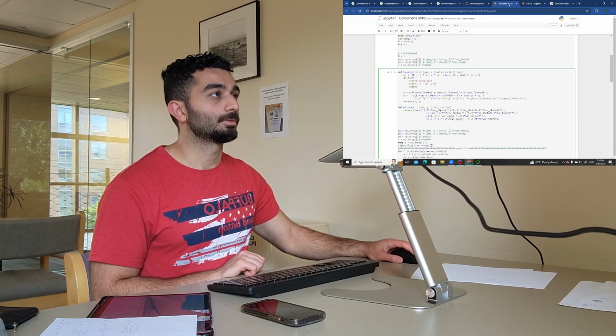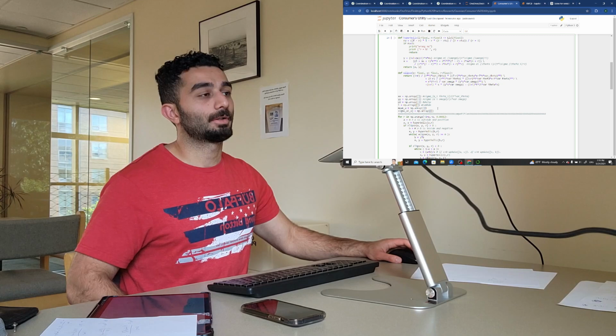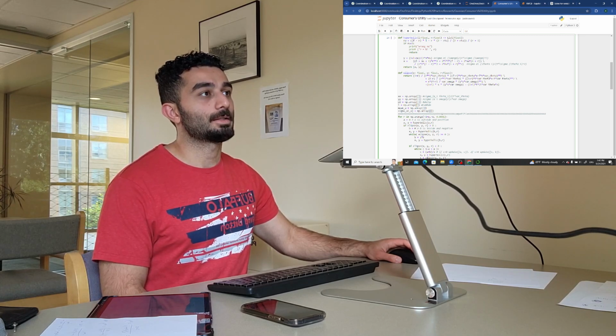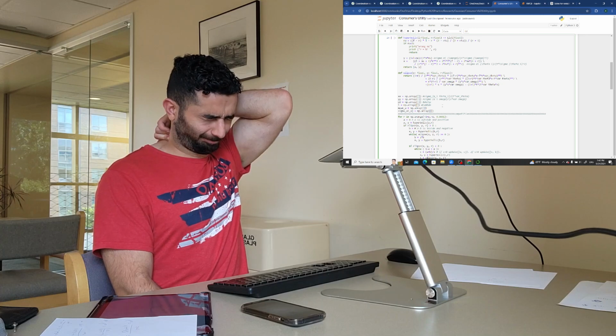I think I'm not gonna do that. All right, and ellipse is the same. Then we are gonna compute xx, yy, dd, and eta. It depends on the value of eta now.